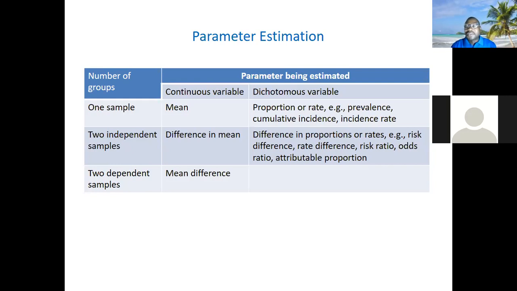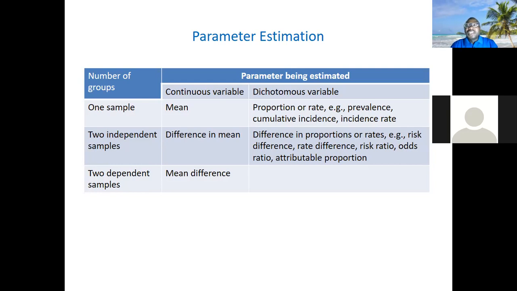There is the prevalence of hypertension, the prevalence of anemia, the prevalence of a particular type of cancer, cumulative incidence rate. And the rate is a proportion you measure over time. When the time factor comes in, it becomes rate.